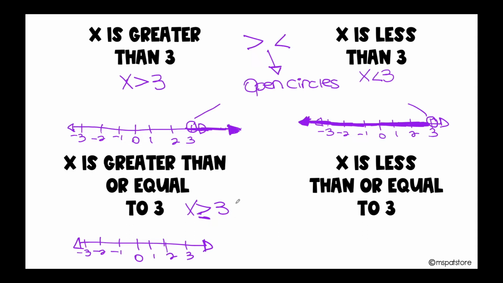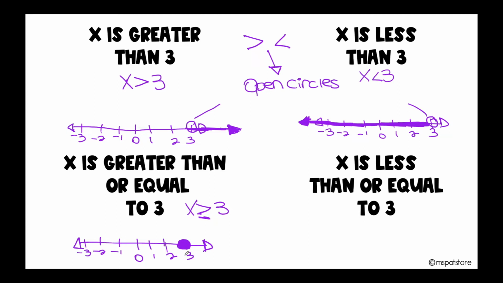In this case, as I need to include the number 3, I will draw a closed circle. You see, I am filling this circle out. This one has no fill, it's open. So now I'm going to draw a closed circle because the number 3 is part of the solution.